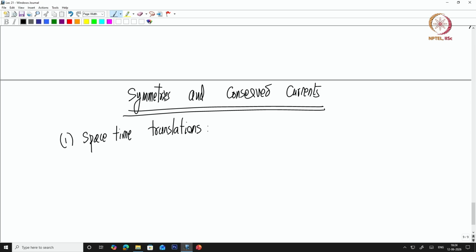Under space-time translations, delta psi goes to epsilon^mu ∂_mu psi. The generators are P_mu, and the Lorentz transformations we have already seen.